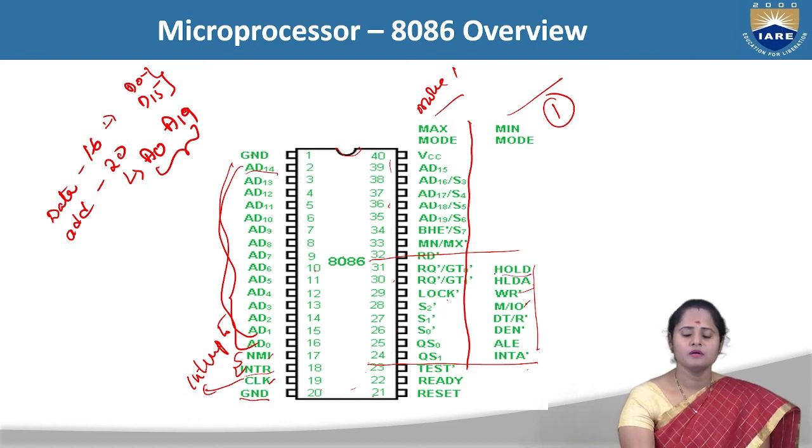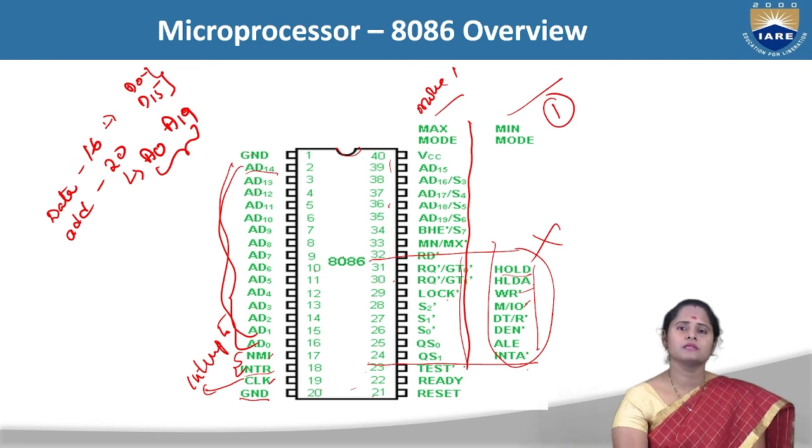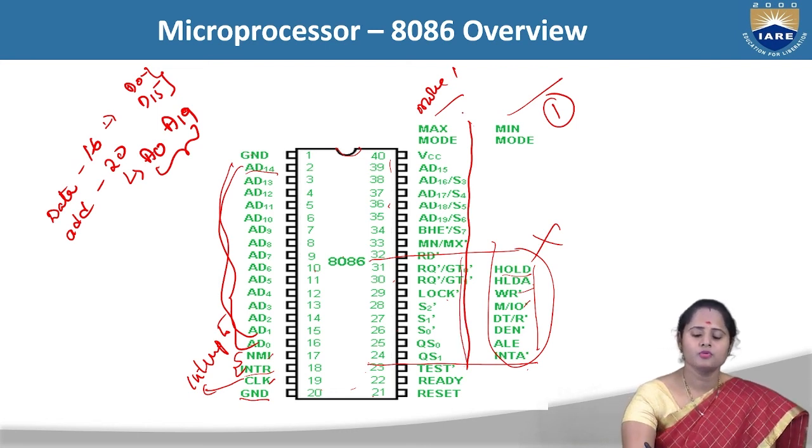Whenever you are working in the minimum mode, these pins from 31 to 24 come into consideration. Whenever you are working in maximum mode, this set of pins does not come under consideration. These sets of pins work in 8086, and the remaining pins continue up to pin 40.